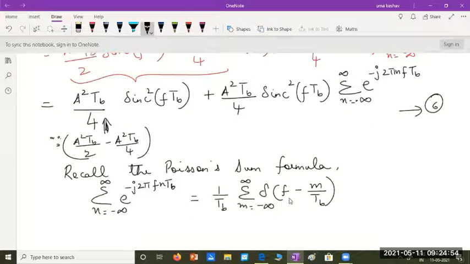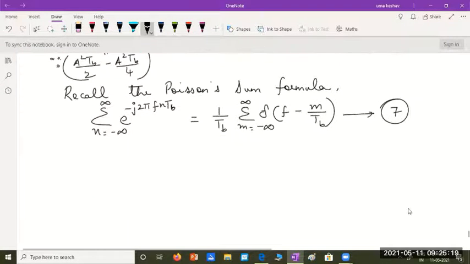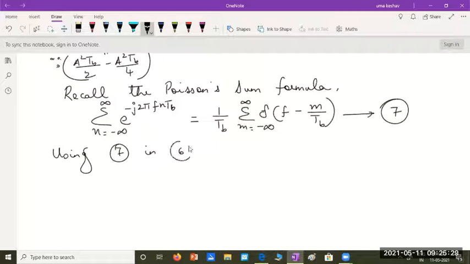This is known as the Poisson sum formula, where I can replace the summation of any exponential like this, from minus infinity to plus infinity, with the sum of a set of shifted impulses. As you can see, remember this equation. It is a well-known equation. So we will use equation 7 in 6.